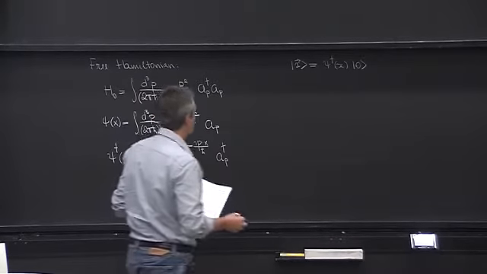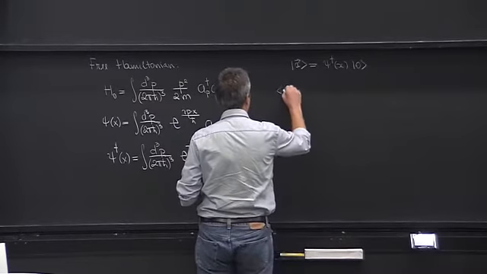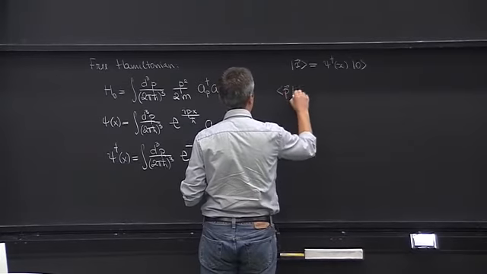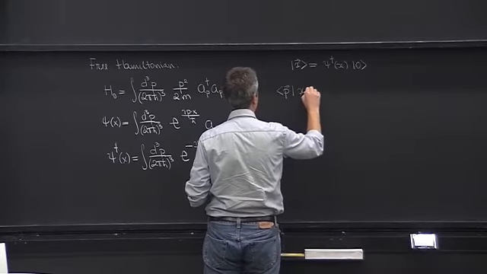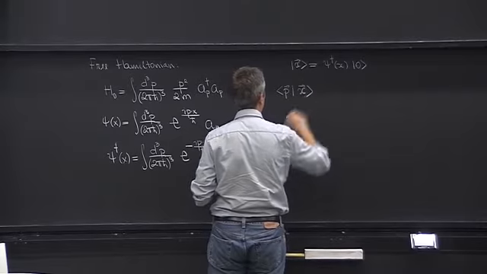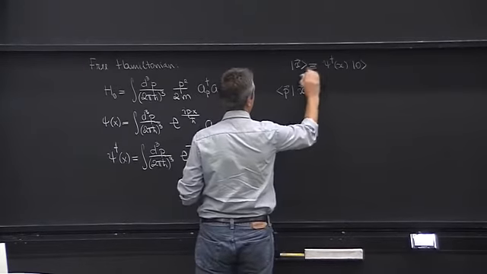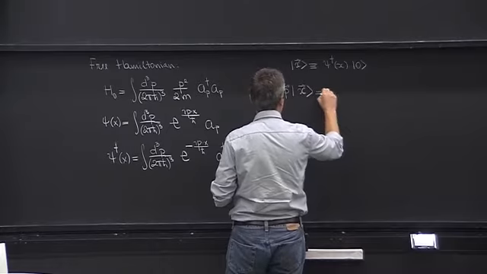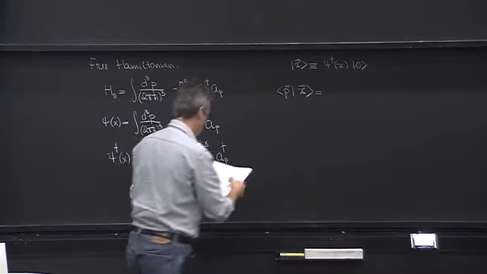To see this, we can take an overlap of a momentum eigenstate of one particle with this new state that we called x. So this was just a definition, and now we can calculate what it is.